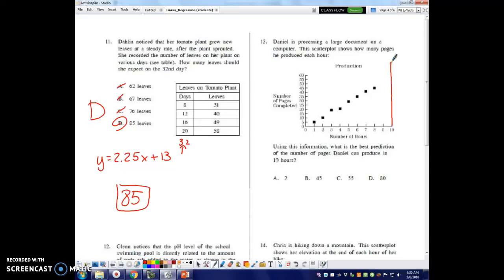So at 10, is he going to have 2 pages? No. At 10, is he going to possibly have 45 pages? Probably not. What about 55? Possibly. What about 80? Which one is the best prediction? 55.